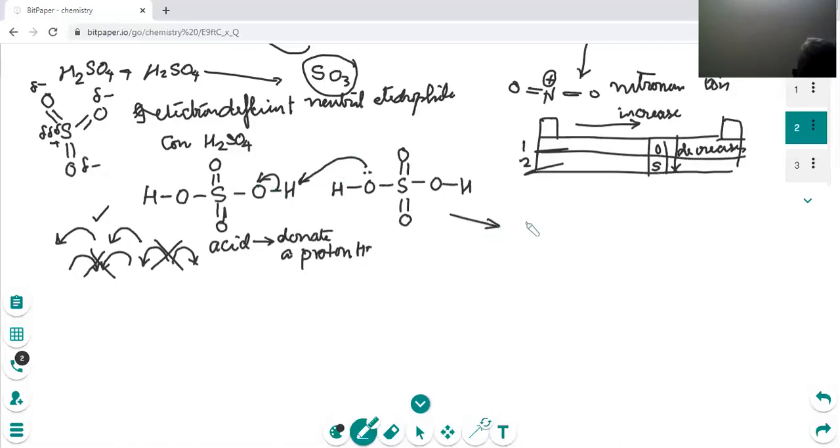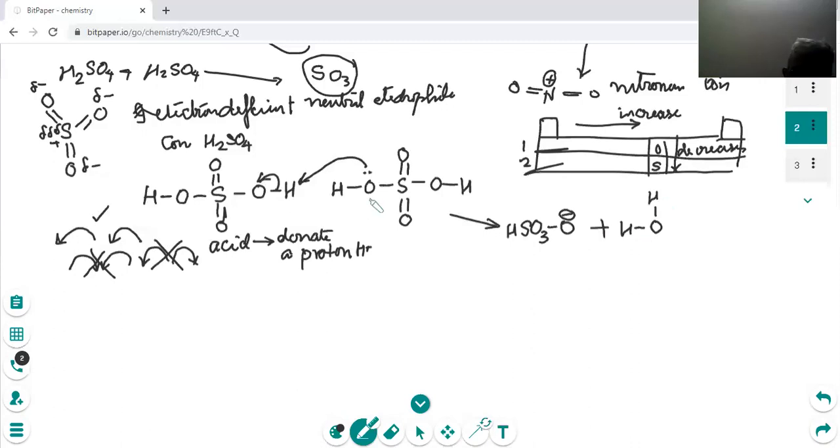See the result. I will write this completely as HSO3O minus, to make it shorter. Then let me write this part very clearly, H2O here.